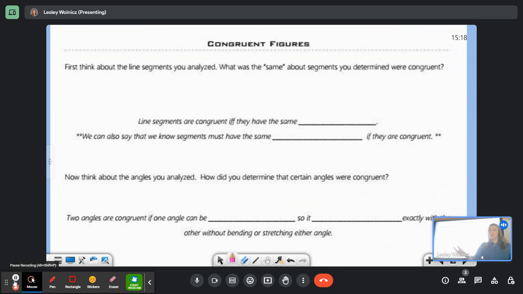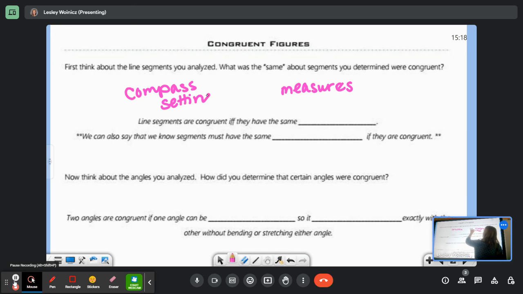Their measures had to be the same. Or like the setting on the compass, right? Okay, so we know that line segments are congruent if and only if they have the same measure. Measure is another word for length.